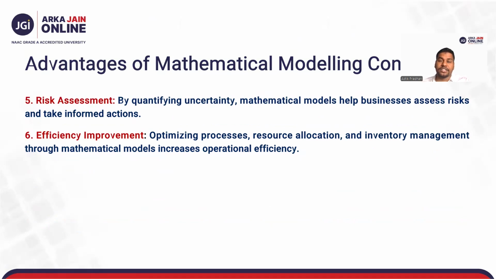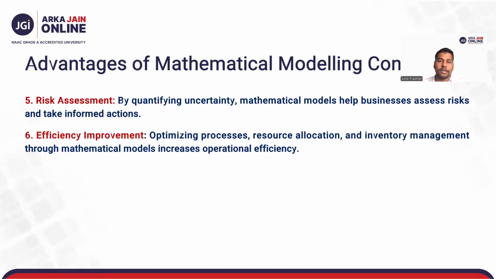So correct decision making is always helpful to assess the risk, to minimize the chances of risk. So to take the better decision, I think mathematical modeling is required to analyze the data in a better way, to identify and extract the correct information.